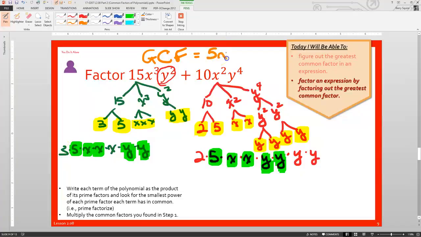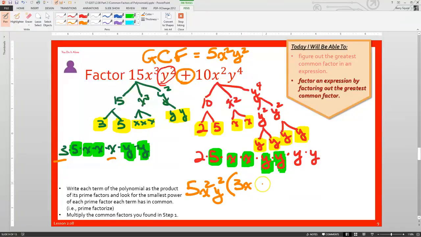5x squared y squared. So to factor this out, we take our greatest common factor that we just found, 5x squared y squared, and then with everything else that's left over, times 3x plus 2y squared.